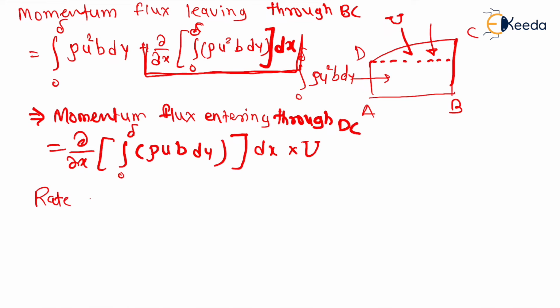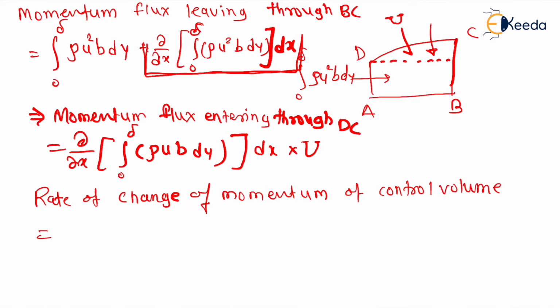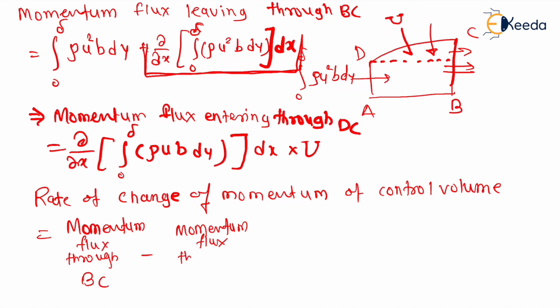So rate of change of momentum of control volume is momentum flux through BC, this one, minus momentum flux through AD, that is this one, minus momentum flux through DC.